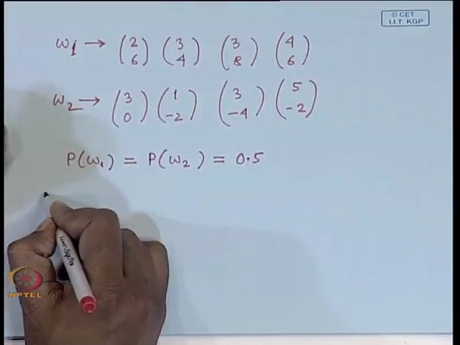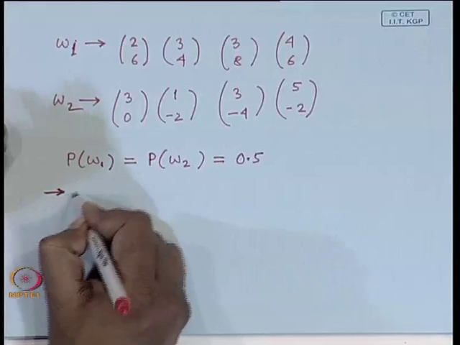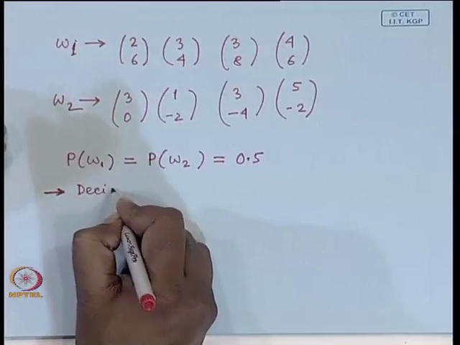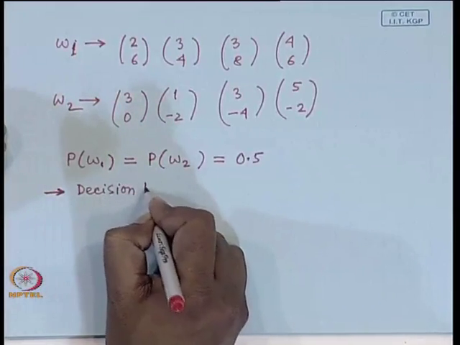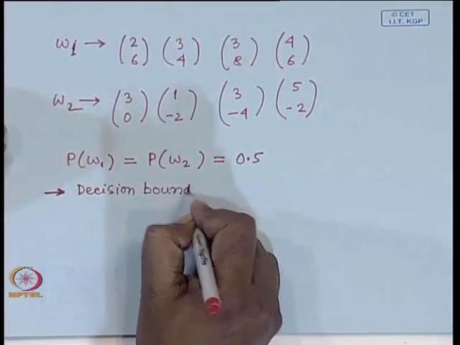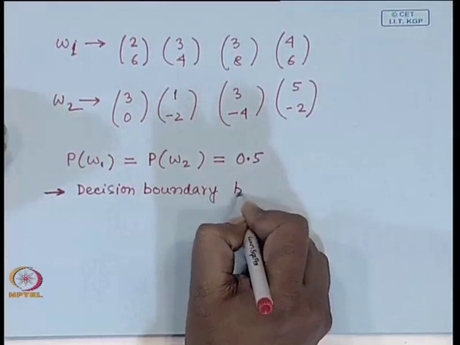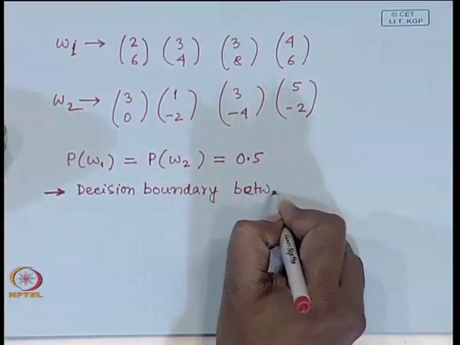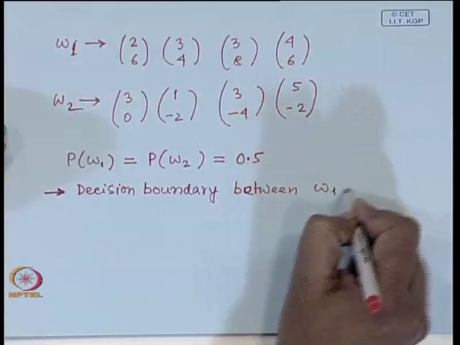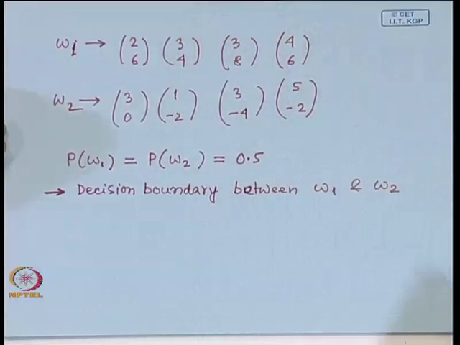So, what we have to do is find the decision boundary between class omega 1 and class omega 2. To find the decision boundary, I have to find the discriminant functions for the two classes omega 1 and omega 2, then subtract them and equate that to 0.